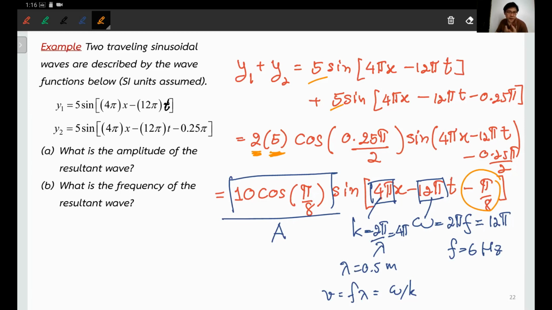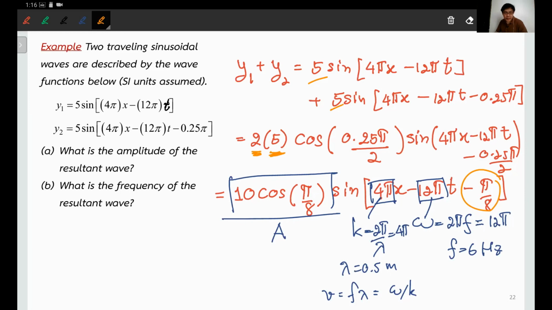This one will definitely be in the exam, so that's why I'm reminding you. Don't forget to study how to read the sinusoidal wave functions. You should be able to extract the information from these sinusoidal waves. Cool.